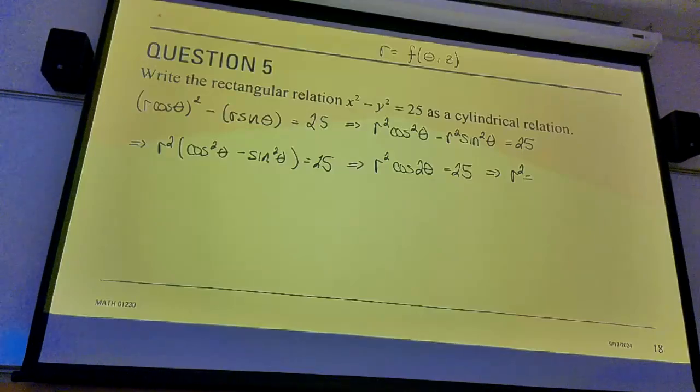Like 25 over cosine 2 theta. Now, why does that make me sad? Well, it doesn't get us any closer to the cylindrical coordinates we're trying to write. Particularly it's the form that you gave it to me that makes me sad.